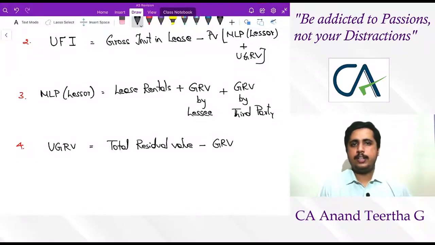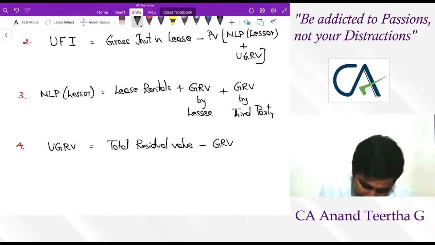Now, point to be understood, listen to this very carefully. Guaranteed residual value, there is money, there is a contract, it is already covered, you will collect it. But unguaranteed residual value, there is no surety that you may collect it, you may not collect it. Therefore, unguaranteed residual value is always estimated.